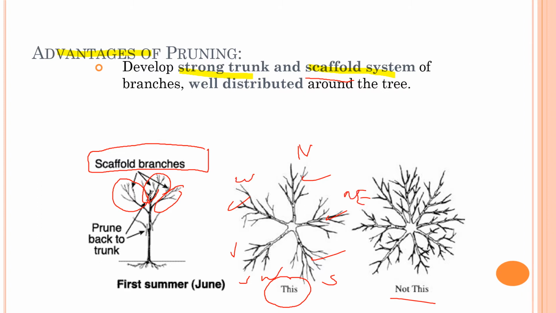So you have branches distributed in all directions. Why is that important? Because you are going to get light from all directions, as you can see here. But if you have branches like this, you are not going to get that. So it's very important to prune correctly and have a strong trunk and a strong scaffolding system.